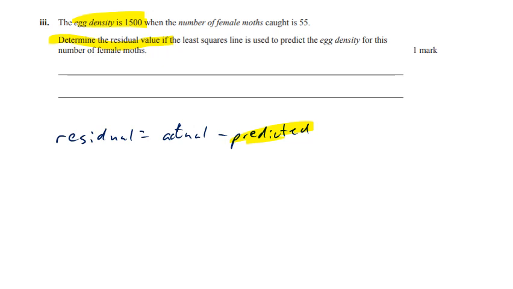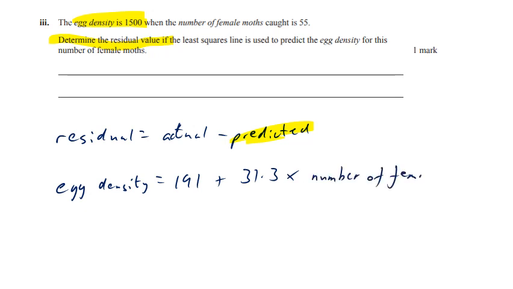So if you do remember, the equation was that the egg density equals 191 plus 31.3 times the number of female moths.